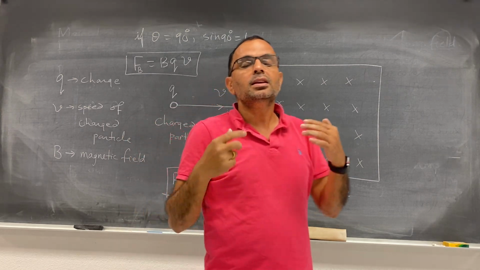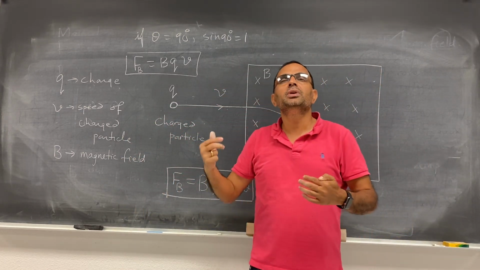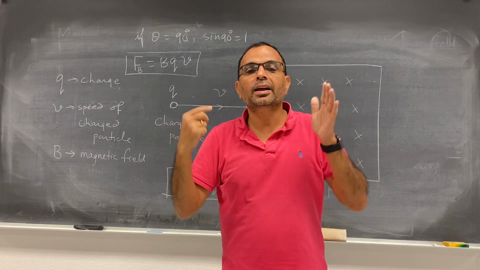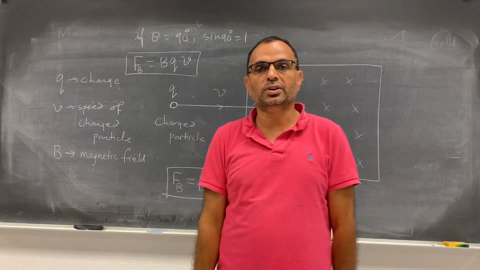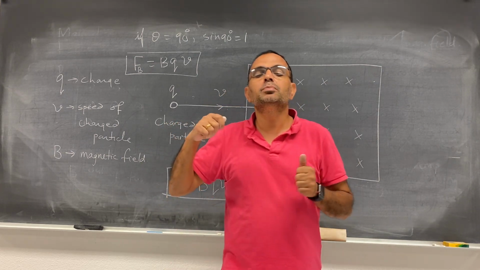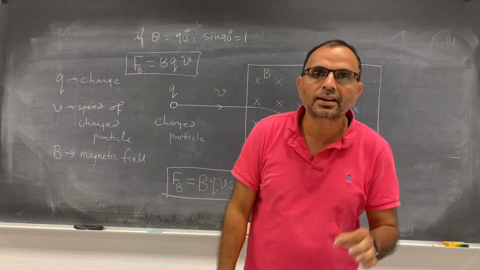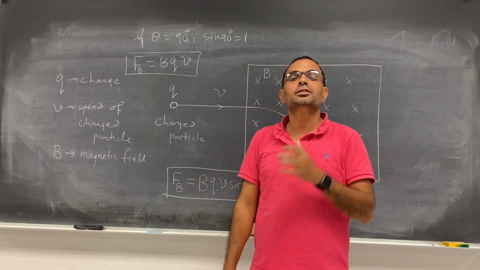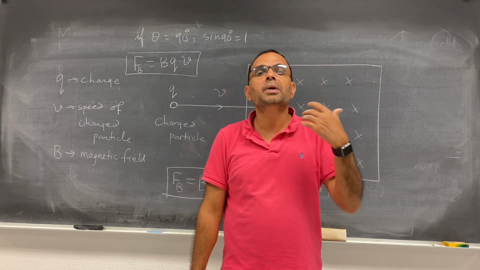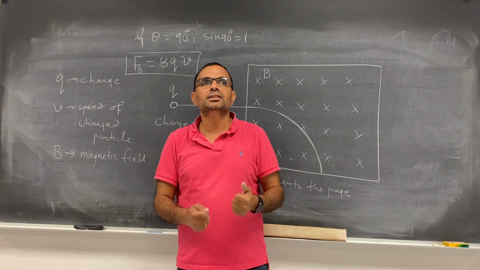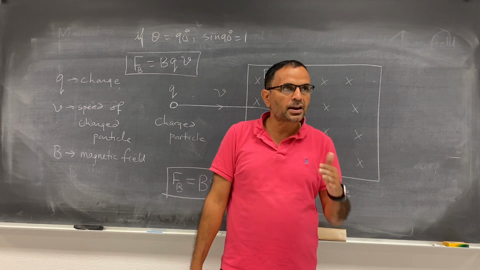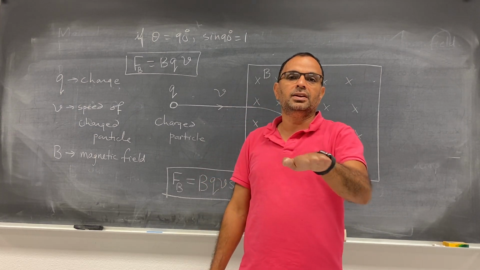This means if the charged particle is moving perpendicular to the magnetic field, and the velocity and field are perpendicular to each other, both being vector quantities, then the charged particle experiences the maximum force. Now what happens if the charged particle is moving parallel to the magnetic field then?